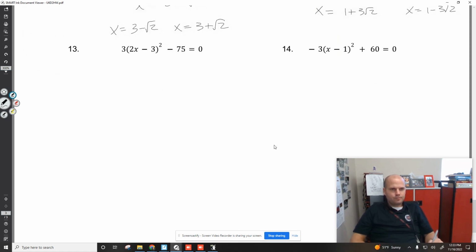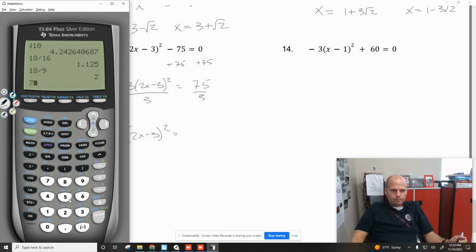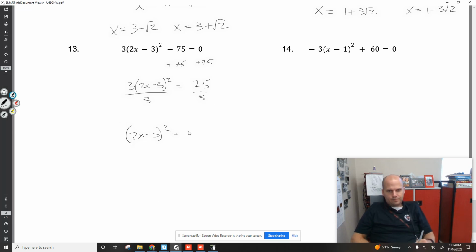All right, last two. I'm going to add 75. Ooh, good one. Going to isolate the square, divide by 3. 75 divided by 3 is 25.